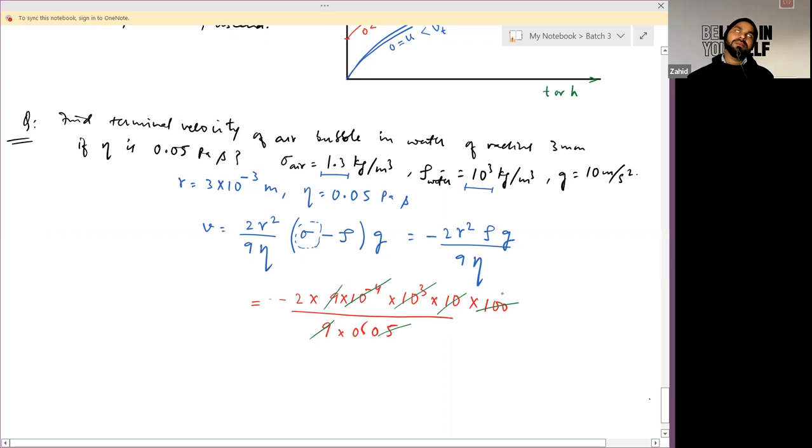We'll divide this term to get 20. So it will be minus 40 meter per second. Just 1 minute, I have made a little mistake. At this point, on squaring 3 in 10 to the power minus 3, it will be 10 to the power minus 6. So this entire term will cancel out.